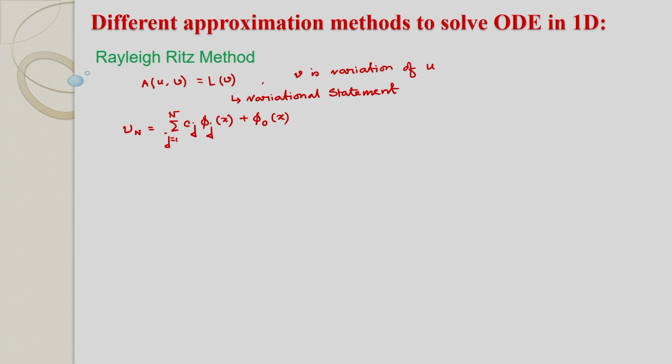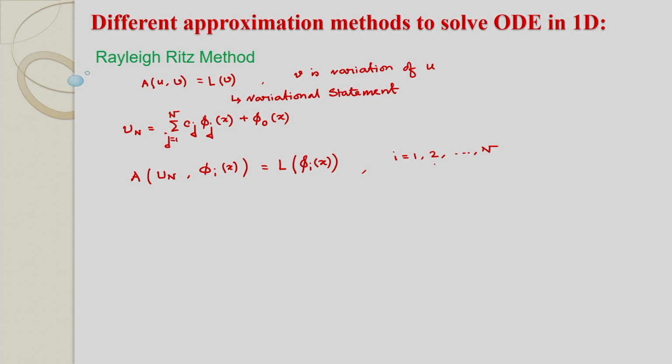Now in Rayleigh-Ridge method we have to substitute u by approximating function and v by phi I x, where I equal to 1 to n.